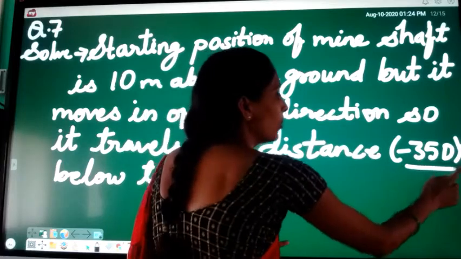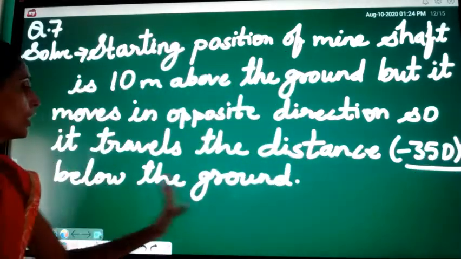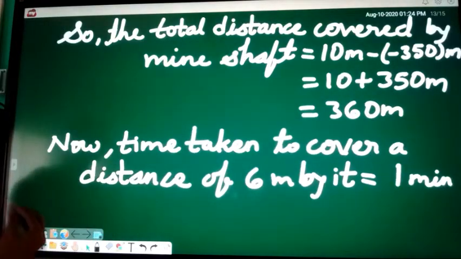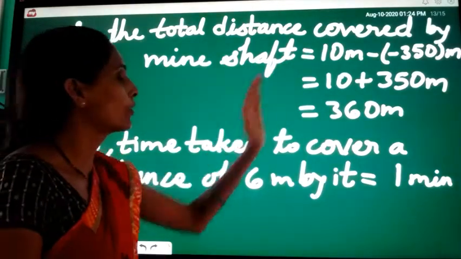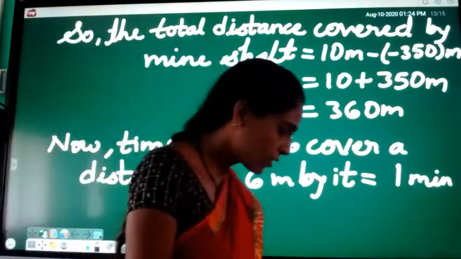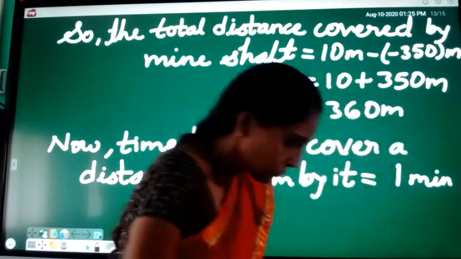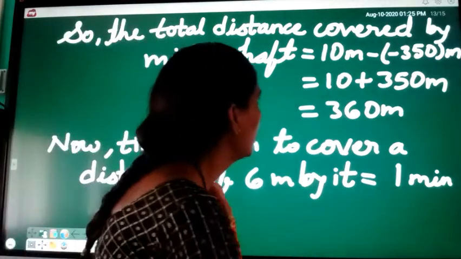So we'll use minus 350 meters below the ground. Okay. Now what do we have to do in the next step? The total distance covered by the mine shaft. What is given as the starting point? The descent starts from 10 meters above the ground level.